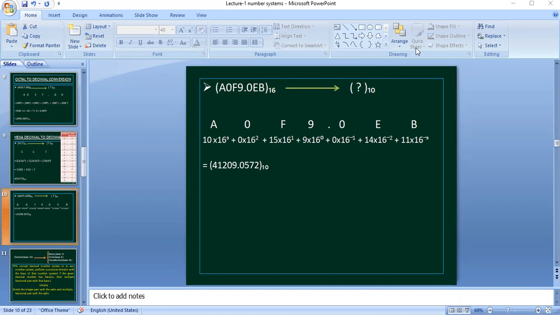If the given number contains an integer part, you need to consider positive powers which start with 0 from right to left. For the fractional part, you need to consider from left to right with negative powers which start with -1.